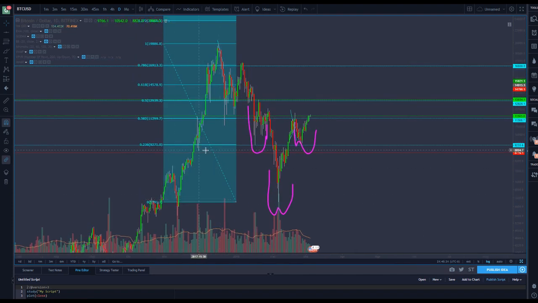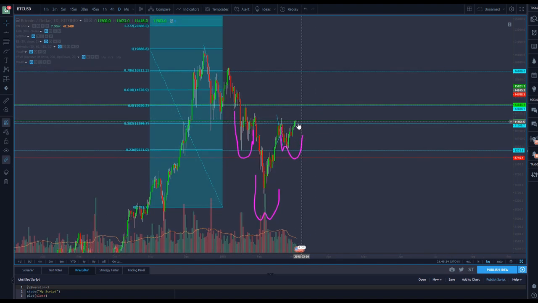And when this wasn't here, if you're trying to look for an entry, you could have seen this inverse head and shoulders, and then as the price was right here, you could plan to go long down here, which is what I did. I went long right here, and I'm in this trade. So I'll see if this breaks through, and if it does, later on in this video I'll show you a few ways to predict this breakout.